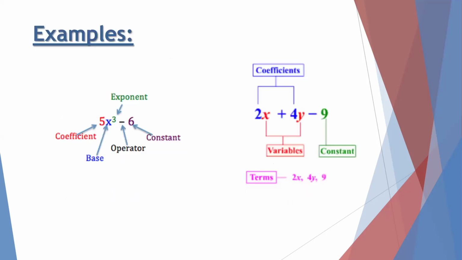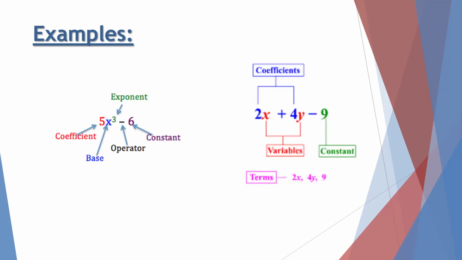Thank you. Then here are a few more examples for understanding what the coefficient, constant, variable terms, operator, base, and exponent are. In the first example, the expression is 5x cubed minus 6. You can see the 5 is attached to x cubed, a variable. That's the reason 5 is called the coefficient.